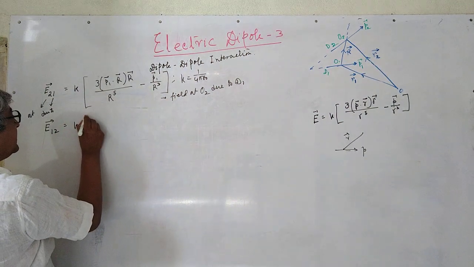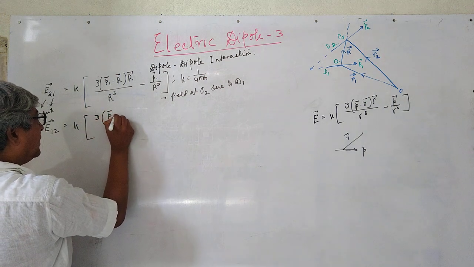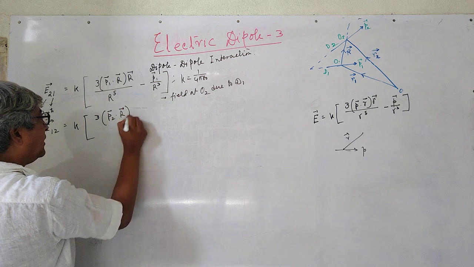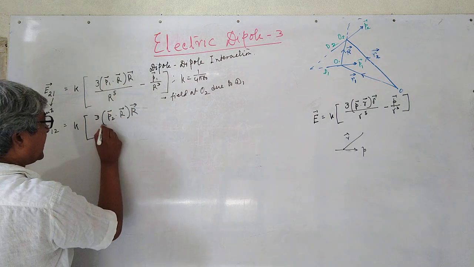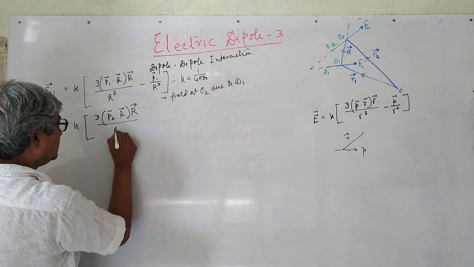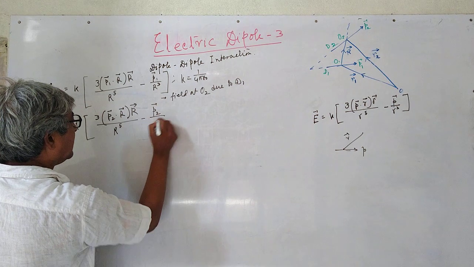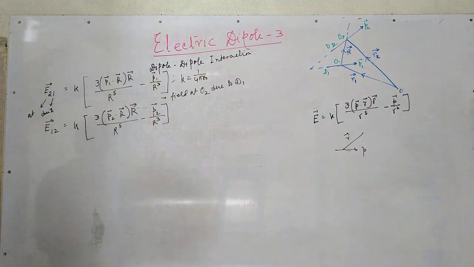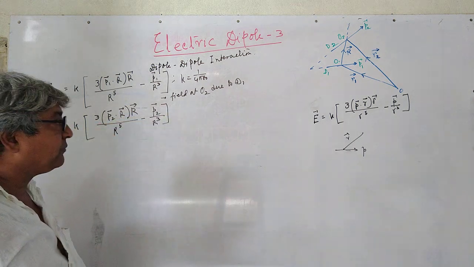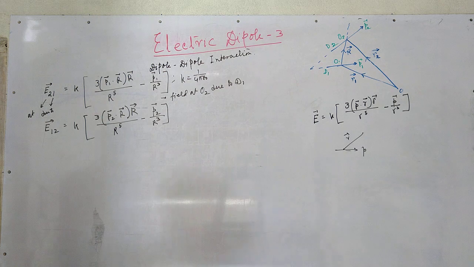So we write it with P2 and minus R, adjusting the sign. We have obtained the field that one dipole produces at the center of the other.